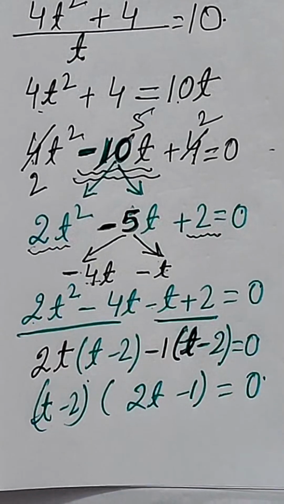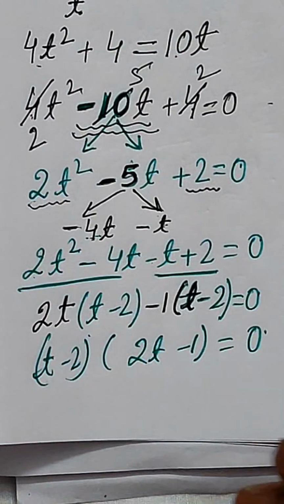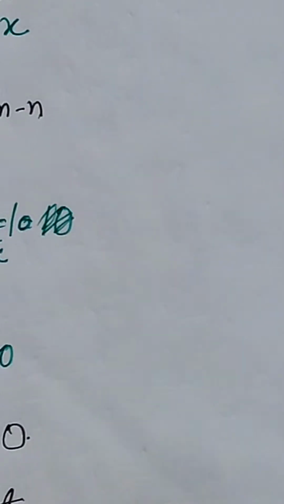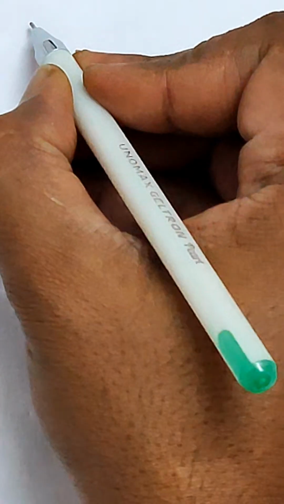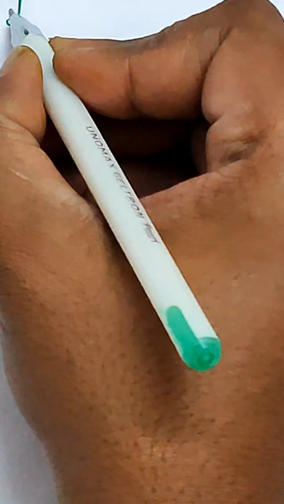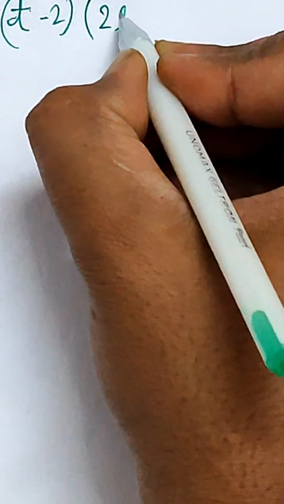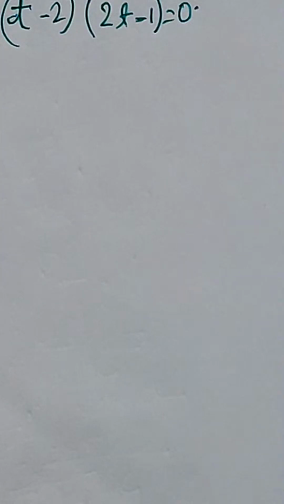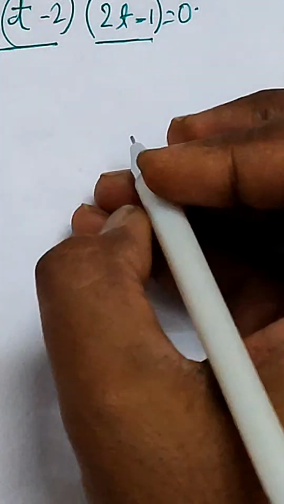Now, since t minus 2 and 2t minus 1 equal to 0, I am writing it over here. It was t minus 2 and 2t minus 1 is equal to 0, right? So we can equate the first term and the second term separately to 0.